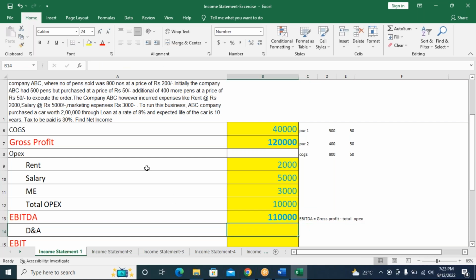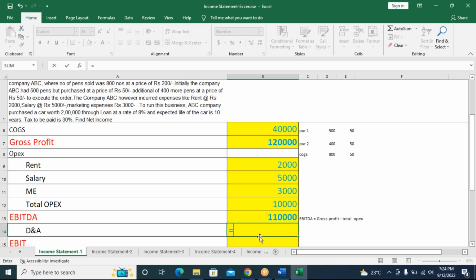So now what is the depreciation? Here you can see ABC company purchased a car worth 2 lakh rupees through a loan, at the rate of 8%, and the expected life of the car is 10 years. So I need to show the depreciation on the car.